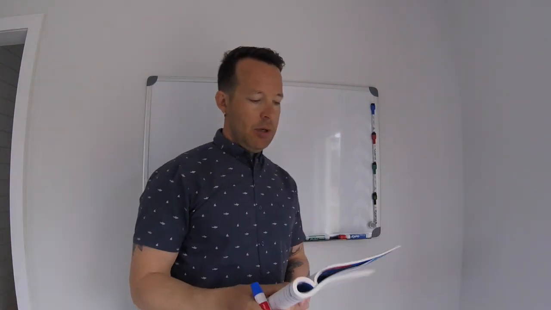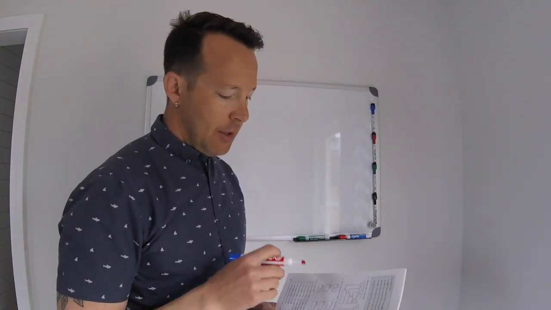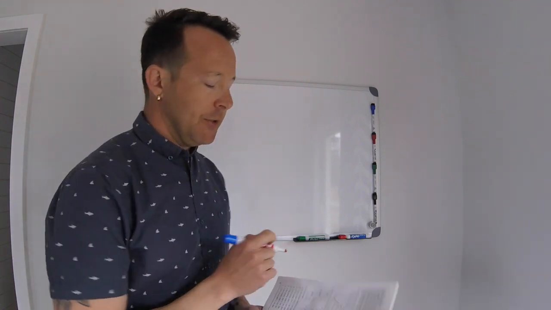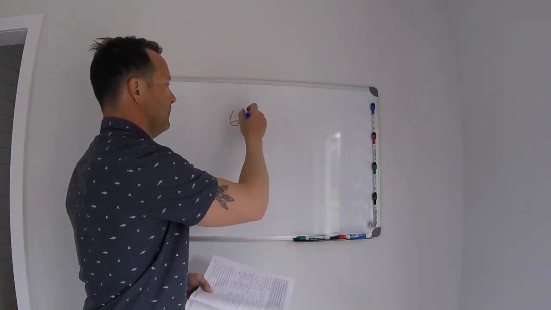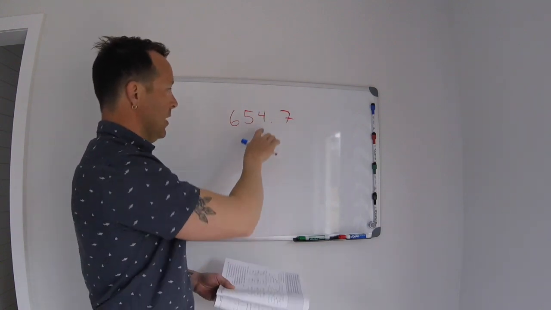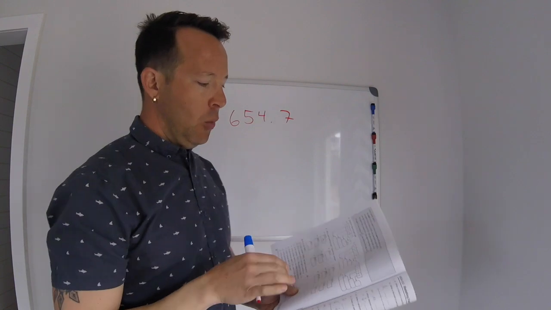Okay, let's go on to the questions. Question number 8A. They were nice to us. They did the hard one, 7 tenths. So 654.7. They told us this is worth 7 tenths. So the 4, they want you to put in what is the value.